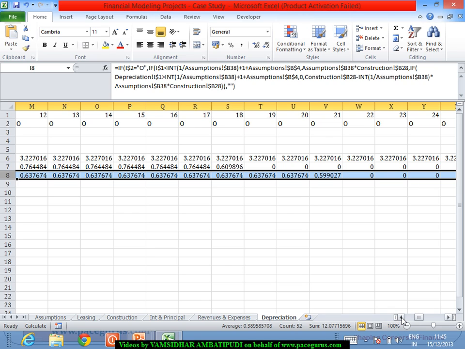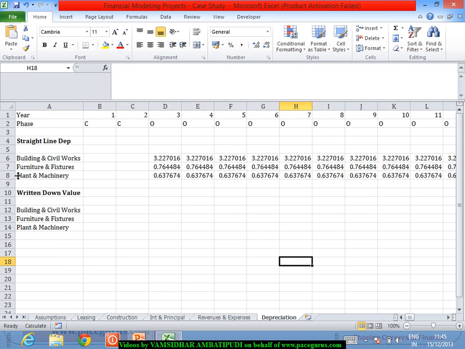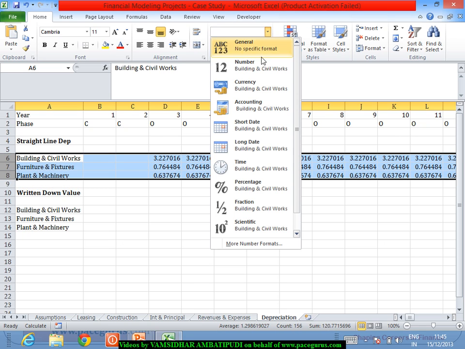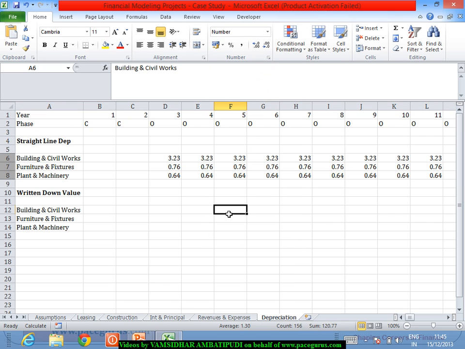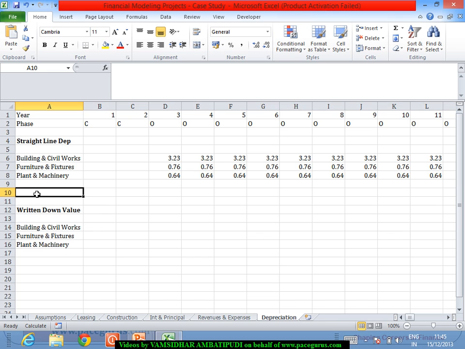So this is the way we are allocating the costs across the various years. So this is the typical application of the straight line depreciation method. So we can even put the required formatting on it and bring out that these are the depreciations, and if possible we should also look at computing the total straight line depreciation value. Total straight line depreciation.